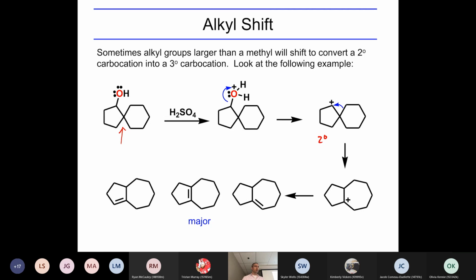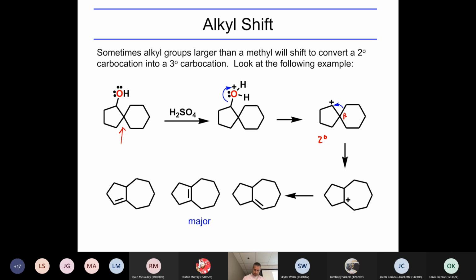Secondaries are the ones we look for rearrangements. And so we look at the beta positions, and we look for alkyl groups or hydrogens that, if we switch them over, kind of trade places with the cation, we could make a tertiary carbocation. A secondary won't rearrange to a different secondary, and a tertiary won't rearrange at all because it's already stable. But in this example, we have our secondary carbocation.